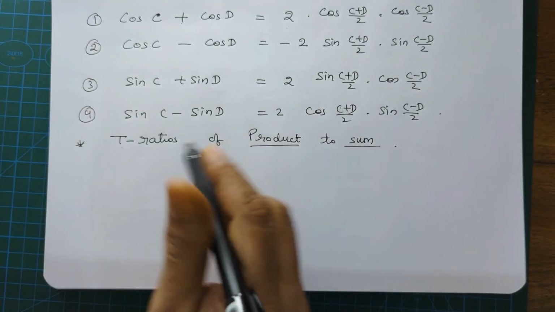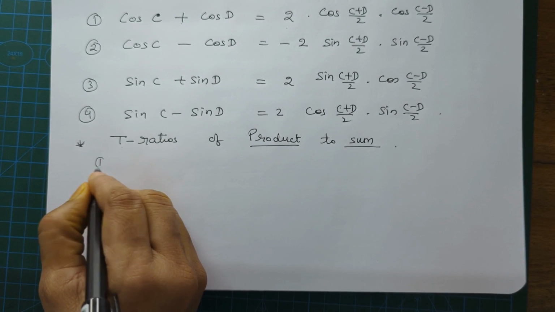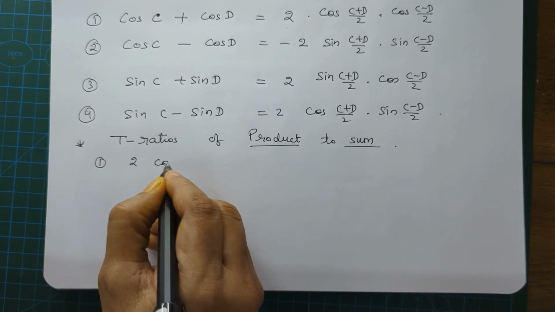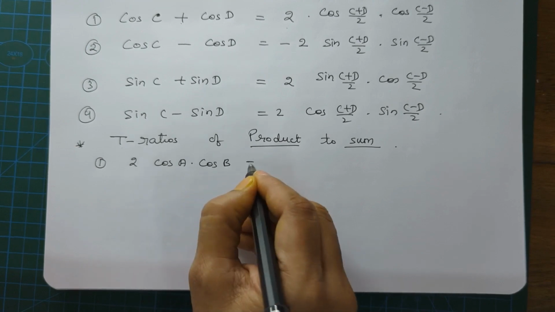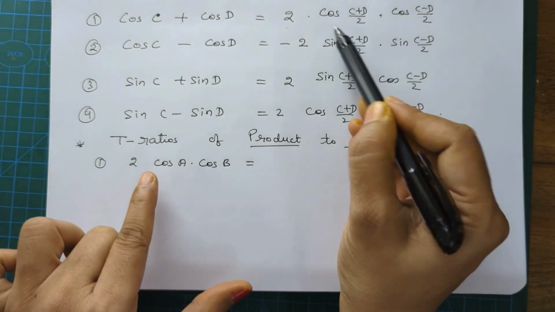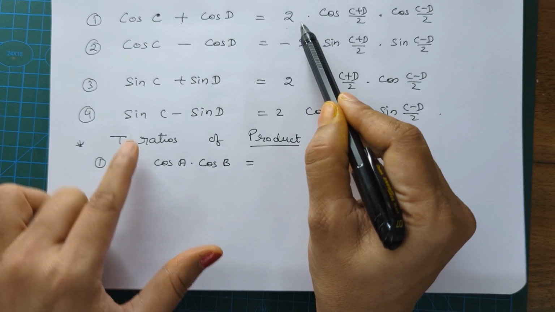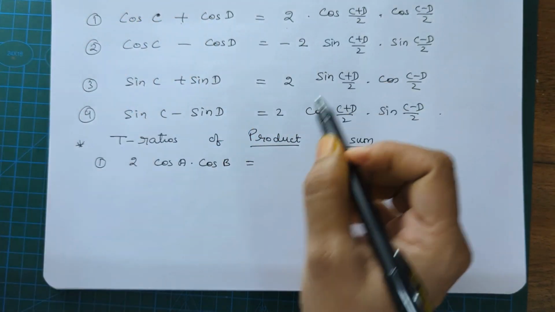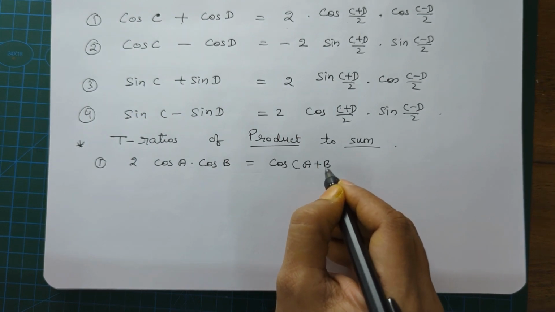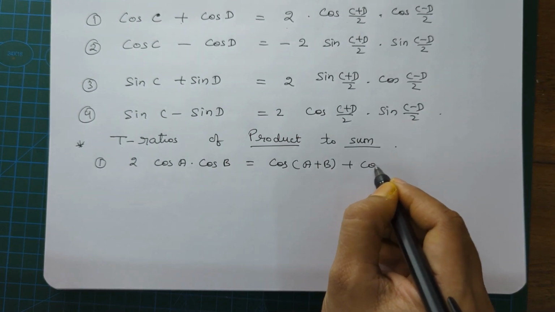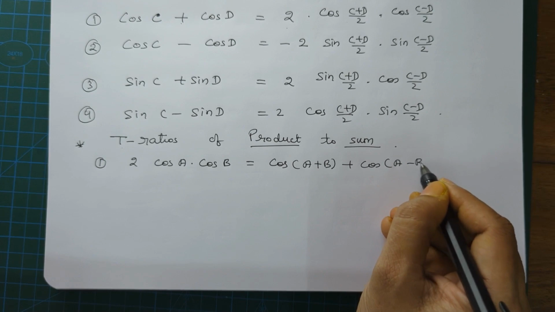Like the first identity here is 2 cos A times cos B. So here the identity will look like this, and the identity is cos of A plus B plus cos of A minus B.